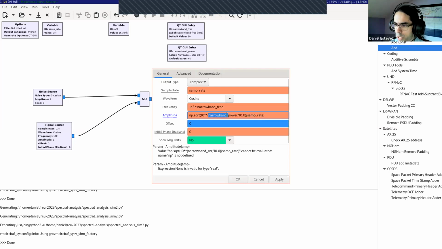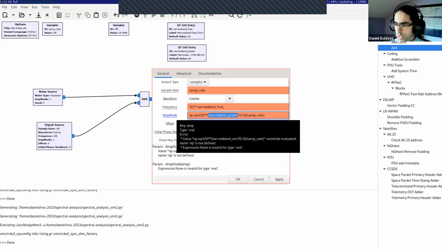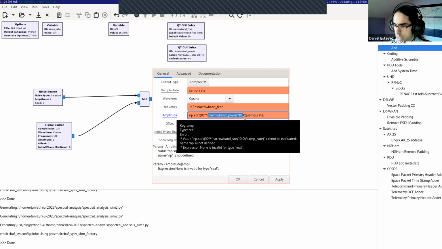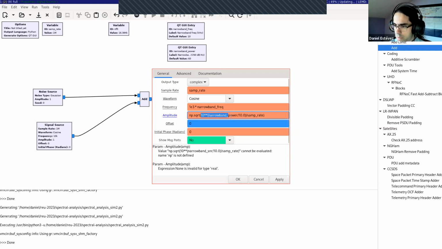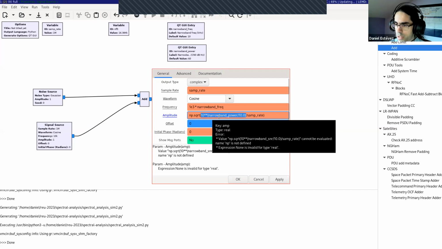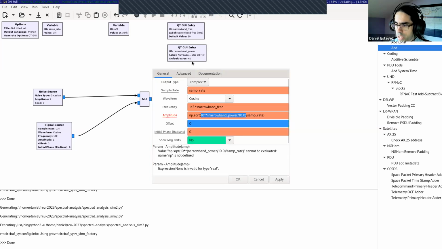So the way to convert between dB units and linear units is, as I was saying before, to divide by 10 and then raise 10 to that power. So this is the signal power in linear units. This will be 1 million because 60 divided by 10 is 6 and 10 to the power 6 is 1 million. But then what happens?